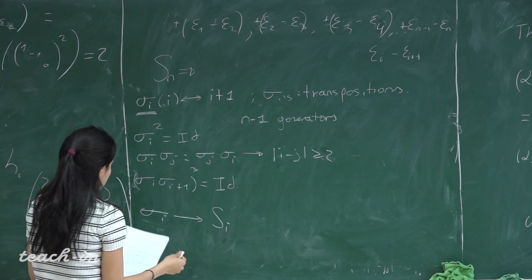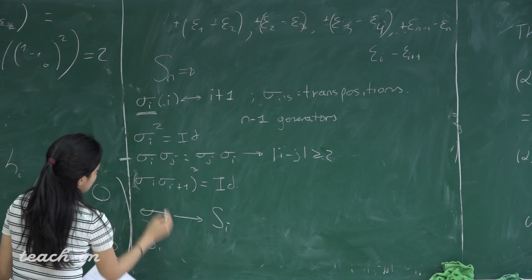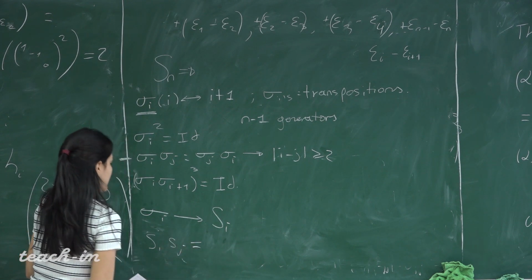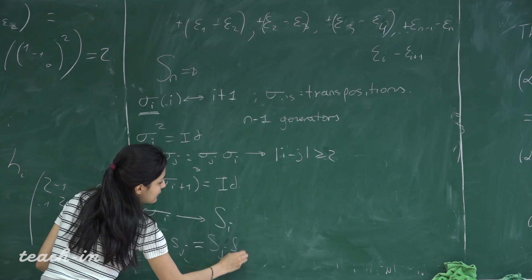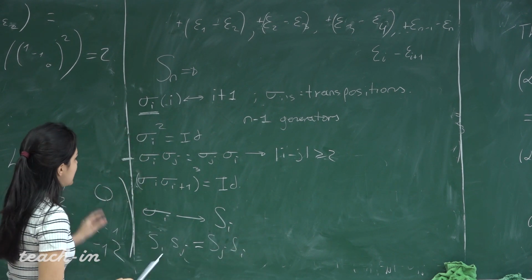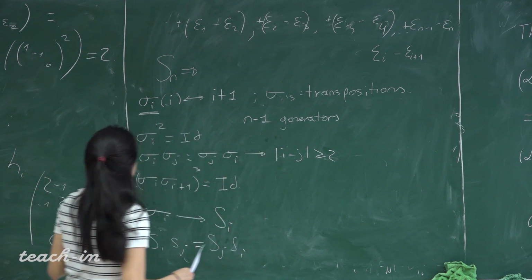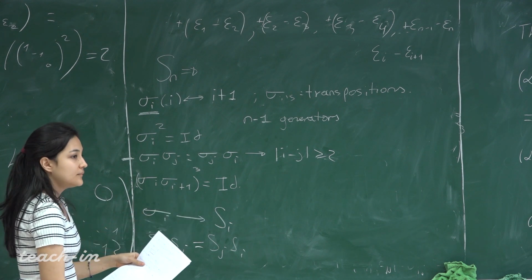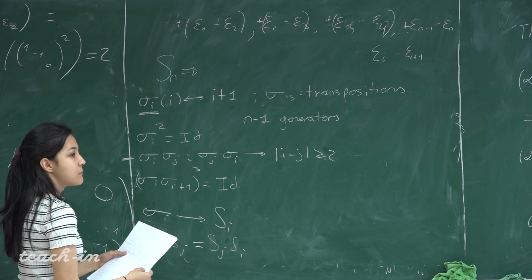Also I was computing the second part, S_i S_j, when they commute. I get the same property here.